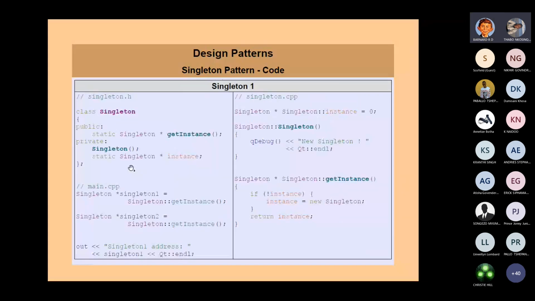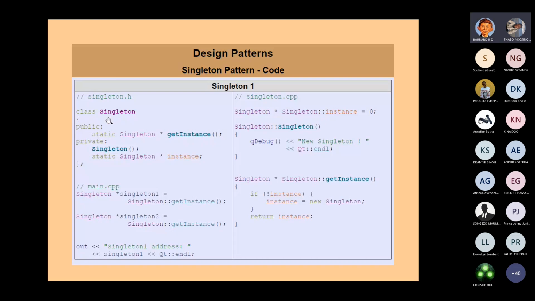Okay, some code. So there's two ways of implementing this. This first one is using a static class member, data member, to hold the singleton instance. And I'll show you another example using a local variable.